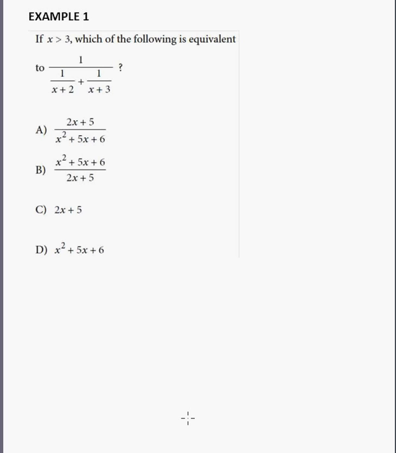The first example here is to show which of these answers, A, B, C, or D, is equivalent to the expression above.